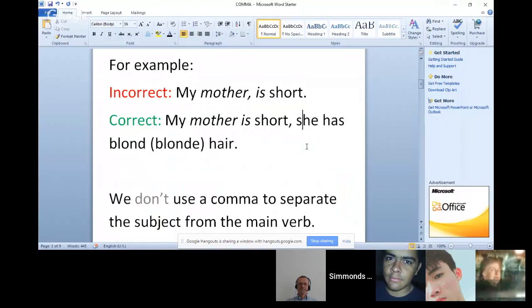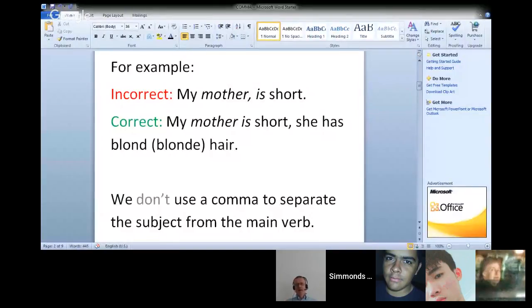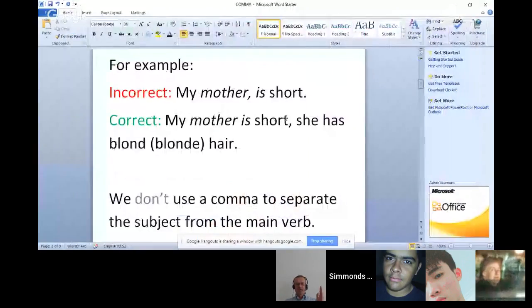In German, I'm really no good at commas in English, but in German it would be, for example, my mother, comma, who is 21 years of age, comma, is short. So the sub-sentence in the middle would be separated with a comma.